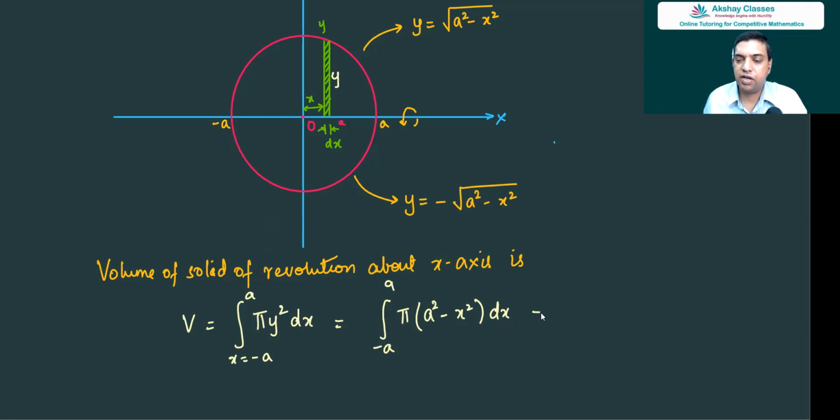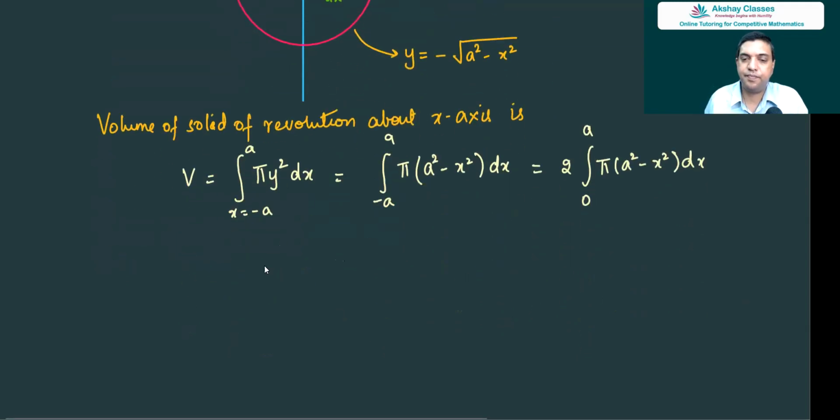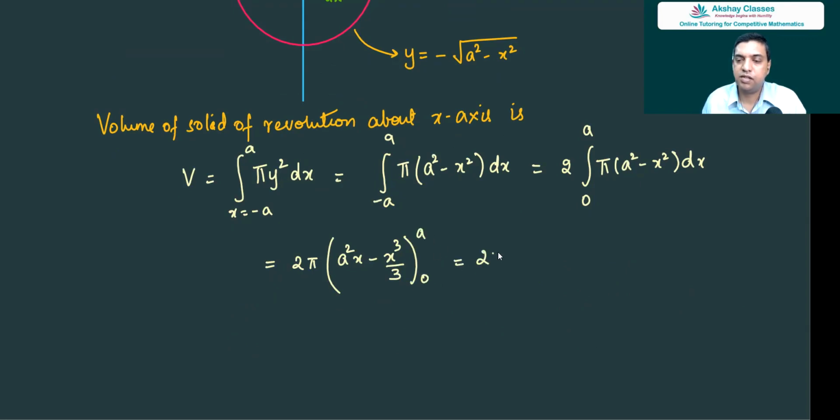Now this is an even function, so you can write twice the integral 0 to a pi times a square minus x square dx. So this will be 2 pi times, when we integrate, a square x minus x cube by 3 from 0 to a. This is 2 pi.